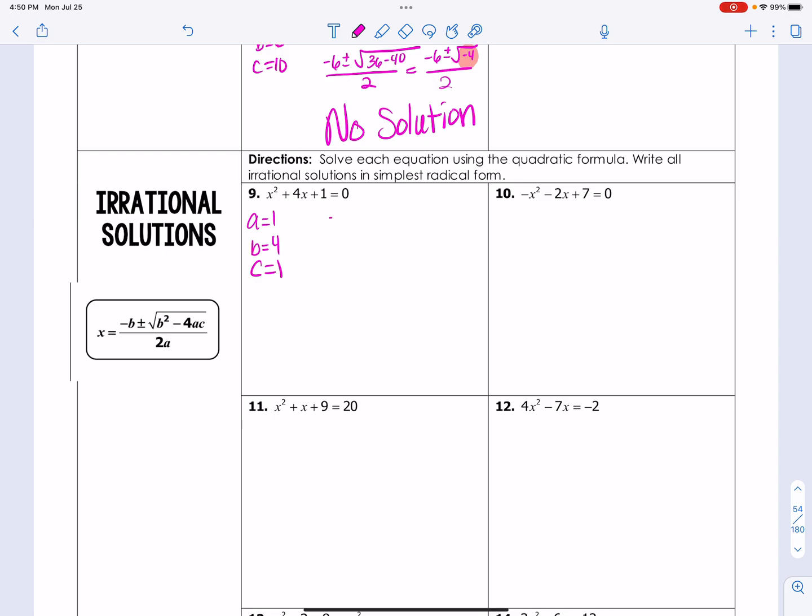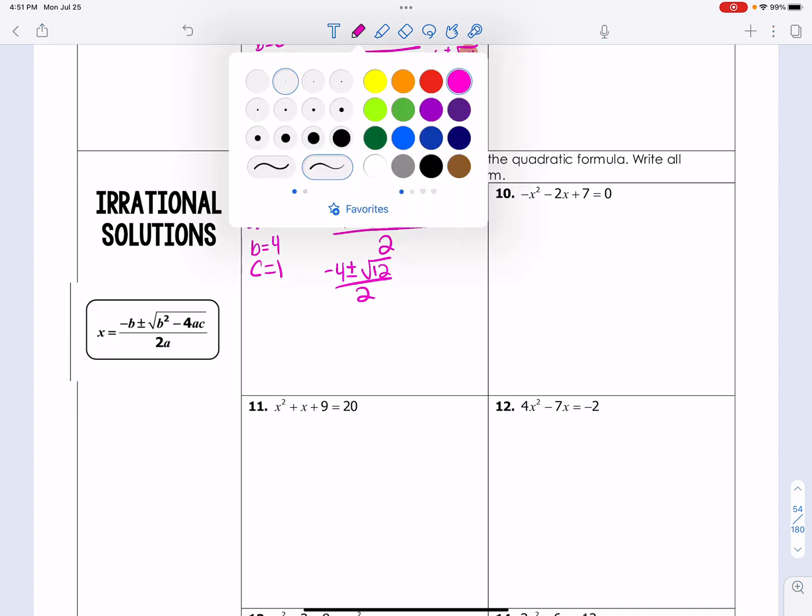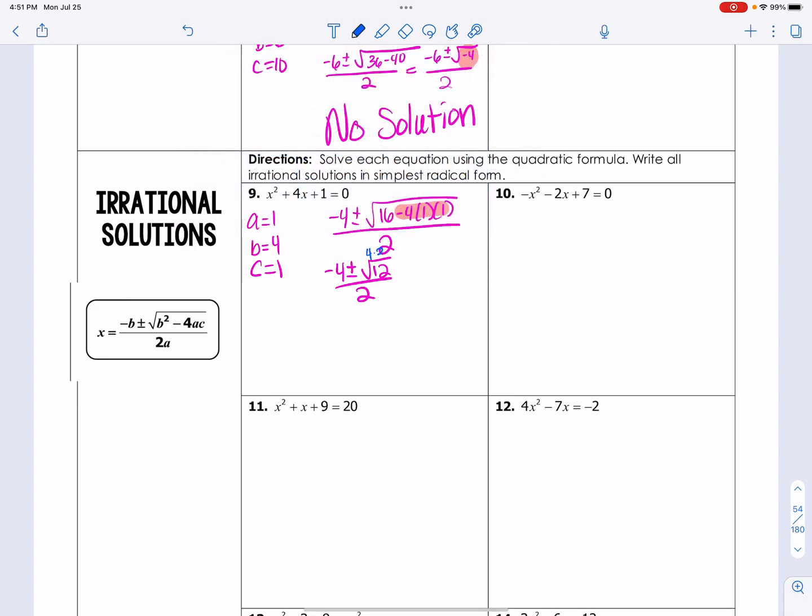Okay, so negative b plus or minus the square root of b squared minus 4 times a times c, all over 2a. So this right here is 4, and 16 minus 4 is 12. Okay, so that means that 12 can be rewritten as 4 times 3.